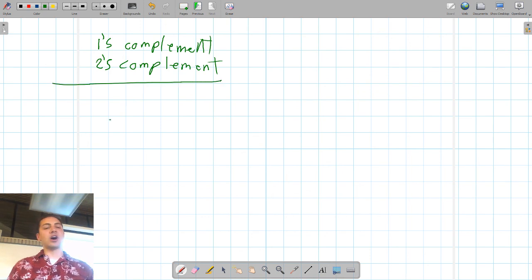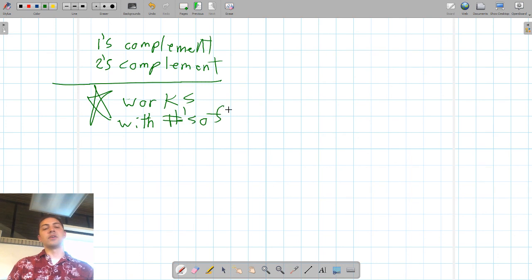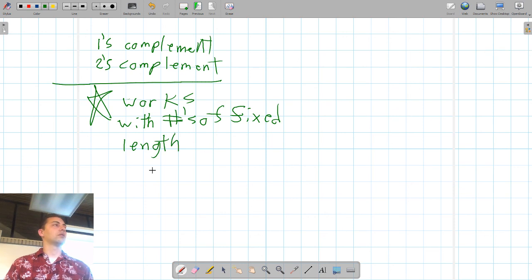First, big star here, only works with numbers of fixed length. Fixed length in bits. I'll put it in there, in bits.